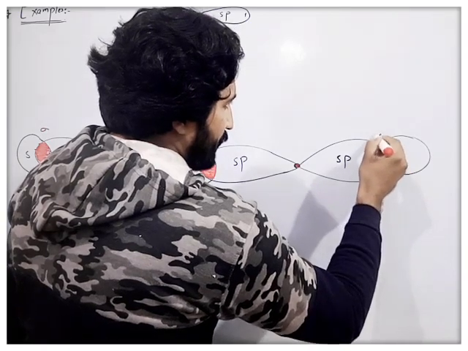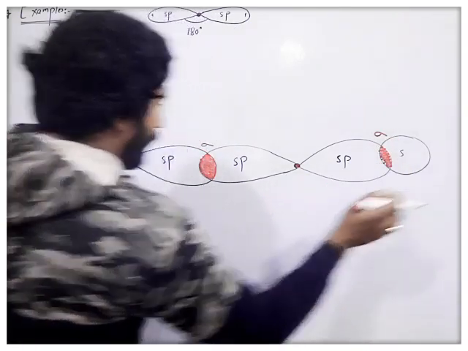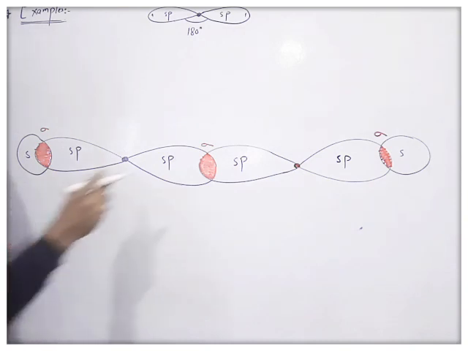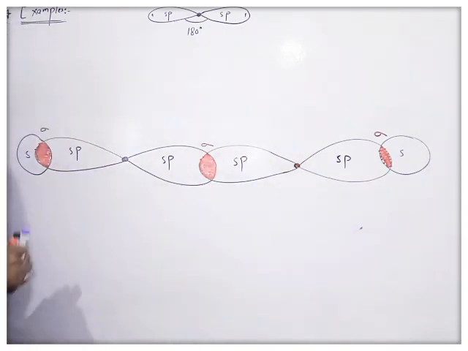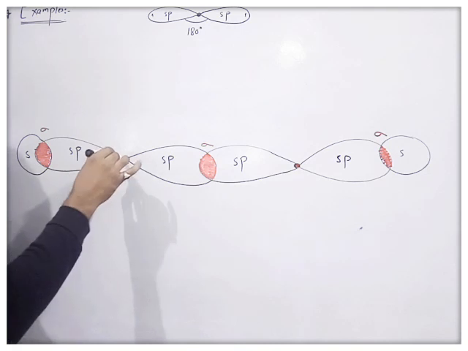These two sigma bonds are present between carbon and hydrogen, and between carbon and carbon.